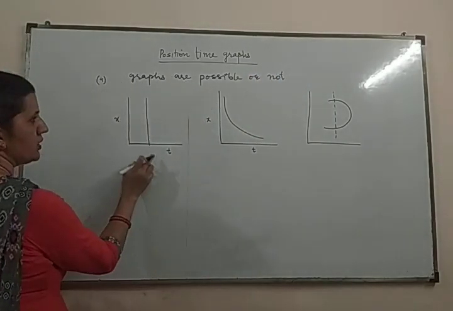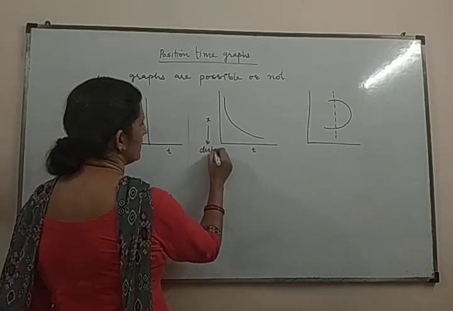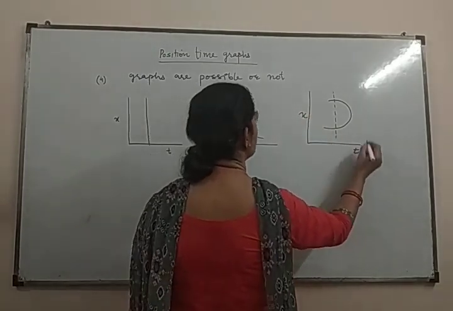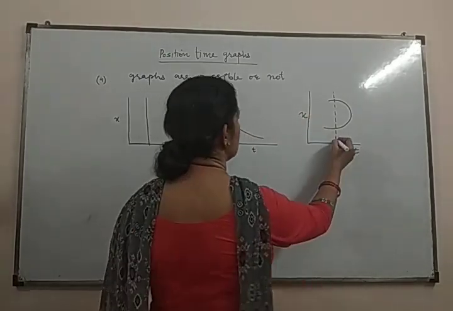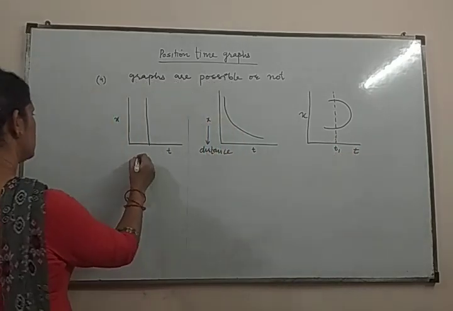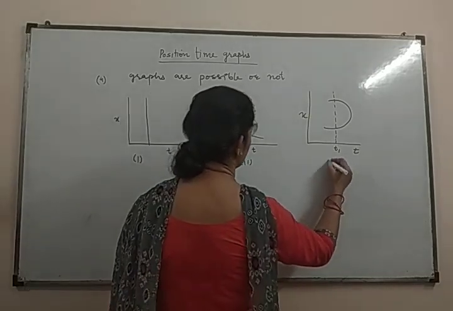This is a position time graph. This is a distance time graph. And this is again a position time graph. So you have to tell whether these graphs are possible or not. Suppose this is the first, second and third figure.